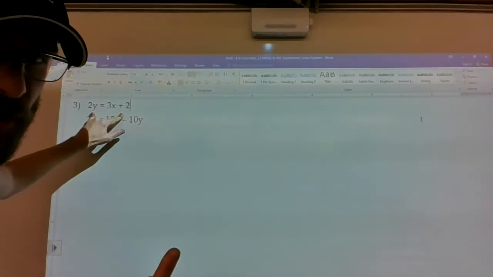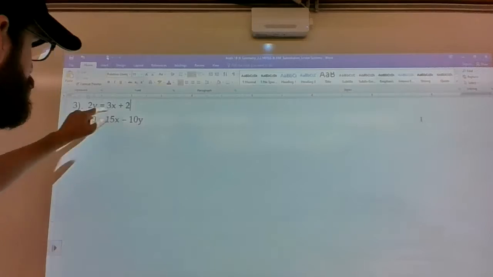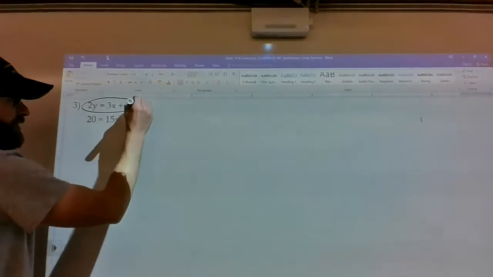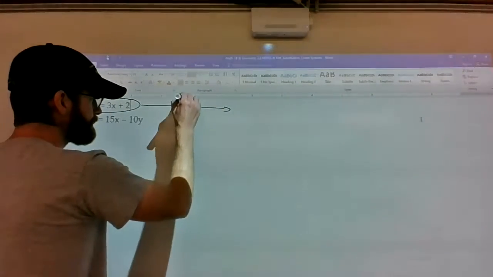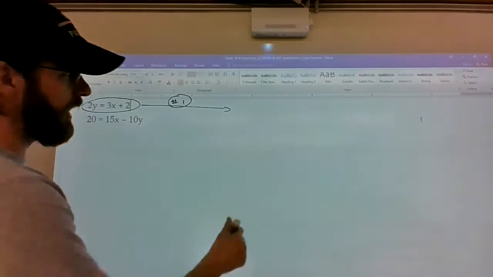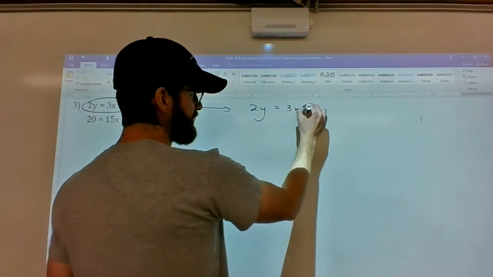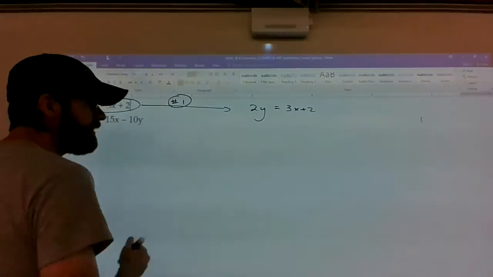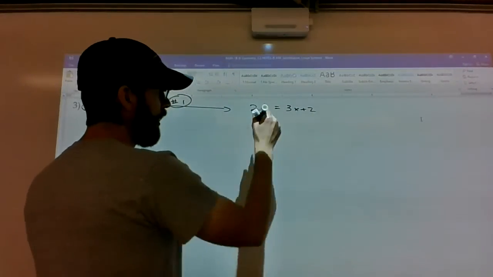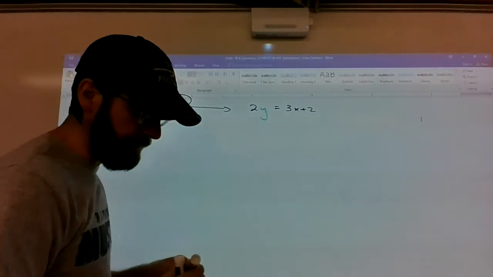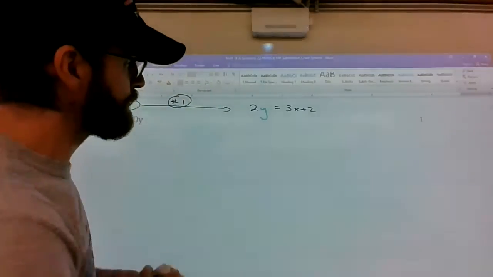So step 1 for solving a linear system using substitution is pick one of the equations and get either x or y by itself. I think y is going to be the best one in this case. So I'm going to make the y the green because it's the one I want to get by itself. All I got to do is divide by 2.